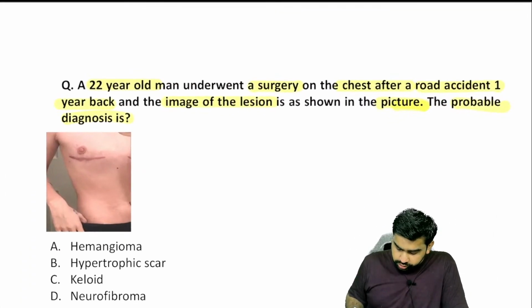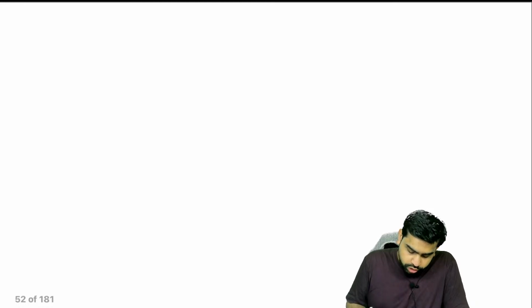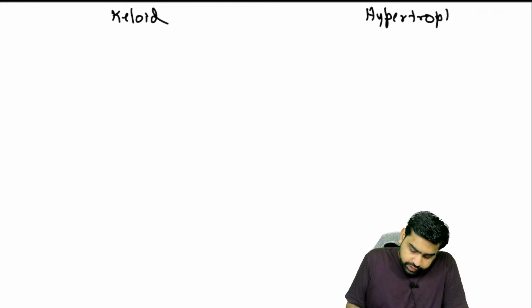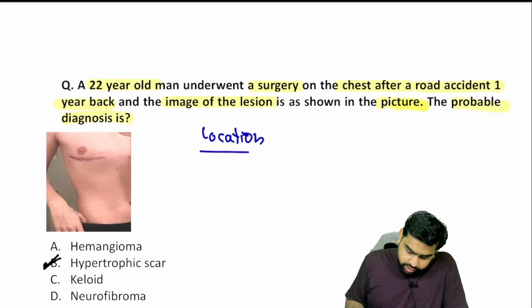So this is your hypertrophic scar. Now let's talk about the derangements of scar formation. We can have a keloid, and we can have a hypertrophic scar. First of all, what is the most common location? The most common location is the sternum.